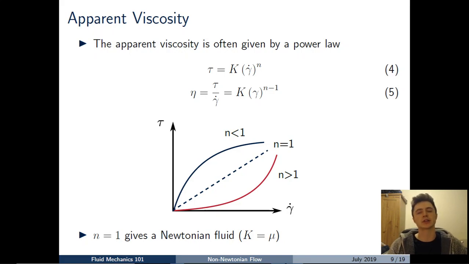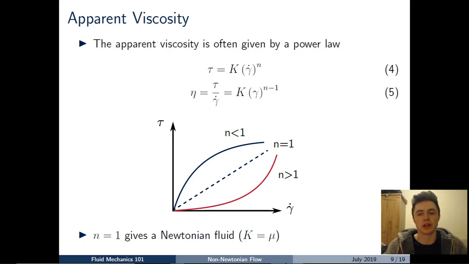So before we do that, there are a few models which we can use for the apparent viscosity of a non-Newtonian fluid. And one of the most popular forms is a power law, which you can see there in equation 4. And with the power law, the shear stress tau is related to the strain rate gamma dot by some factor k, and then the strain rate is raised to the power n, so it's a power law.